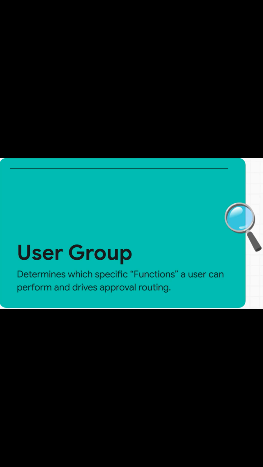This sounds incredibly structured with a lot of predefined roles. But what if an organization has highly specific, unique needs that don't quite fit into these standard boxes? Can they create their own groups for things? They absolutely can, and these are called custom groups. Now, while custom groups don't have permissions directly associated with them in the same way standard groups do, they're incredibly useful for other crucial functions. Like what, for example? Well, think about using them for specific approval routing paths that are unique to your company.